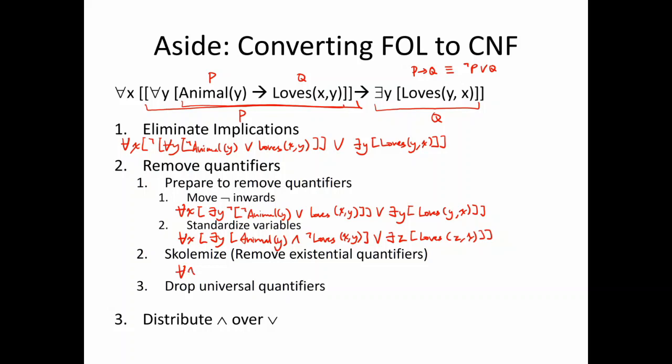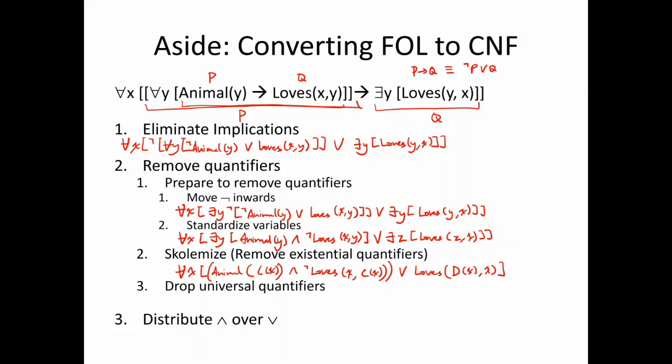So for all x, animal c of x and not loves x and c of x, or loves some other Skolem function, say d, again of x, then x.